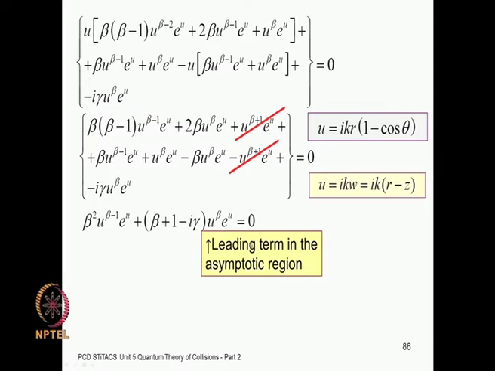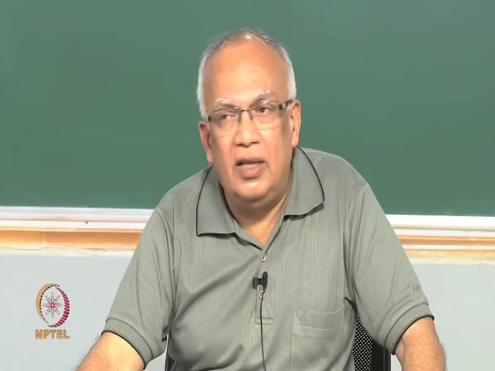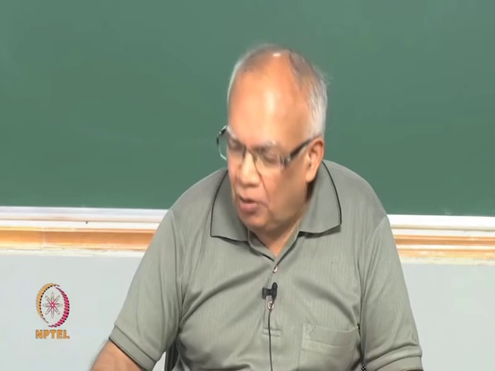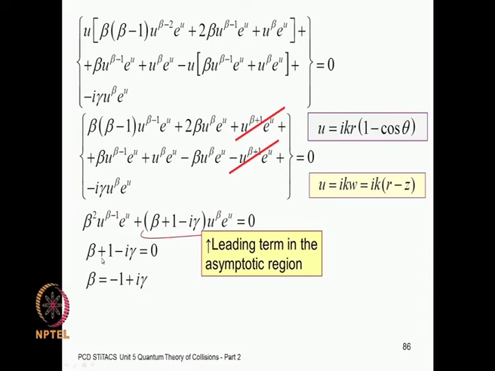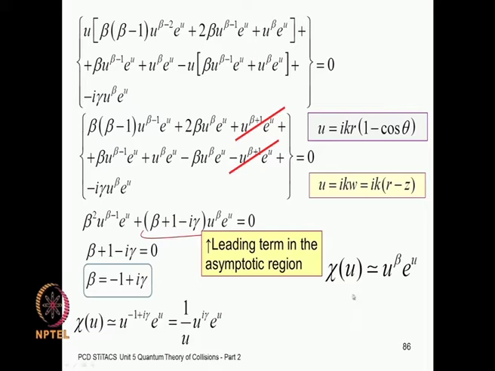This time the proposed solution would be acceptable if the coefficient beta plus 1 minus i gamma goes to 0, because that will balance the equation, the right hand side being 0. So beta plus 1 minus i gamma, which is the coefficient of the leading term, goes to 0. If you take these terms to the other side, beta is minus 1 plus i gamma, and this is what you get for the second solution.